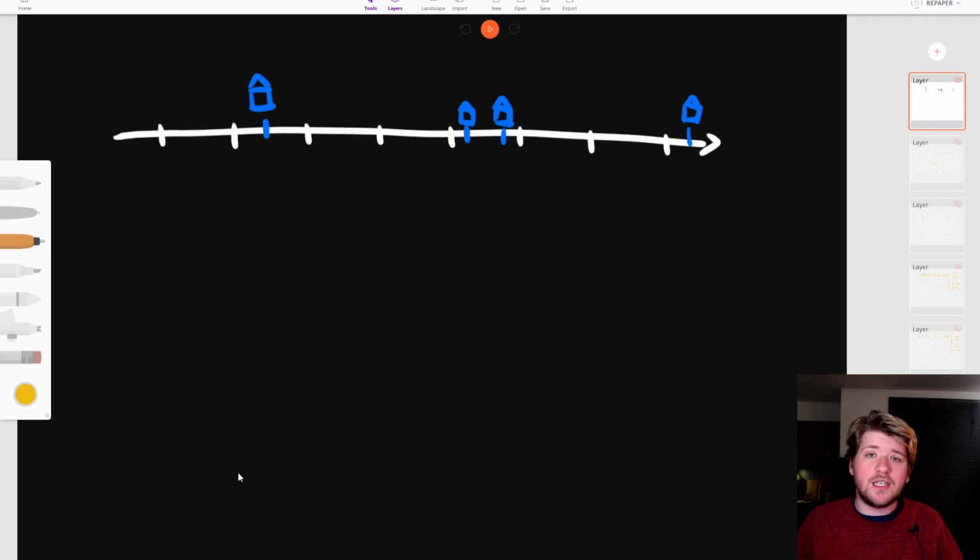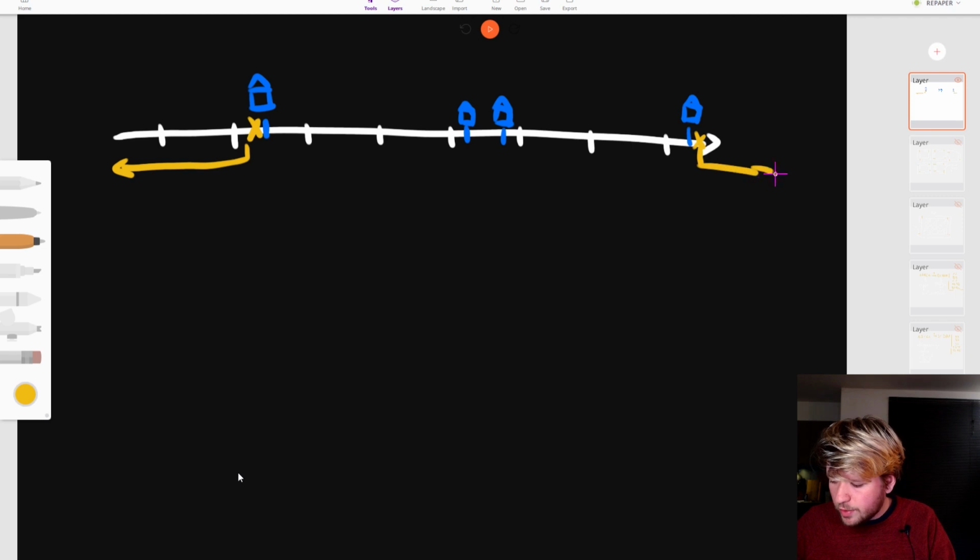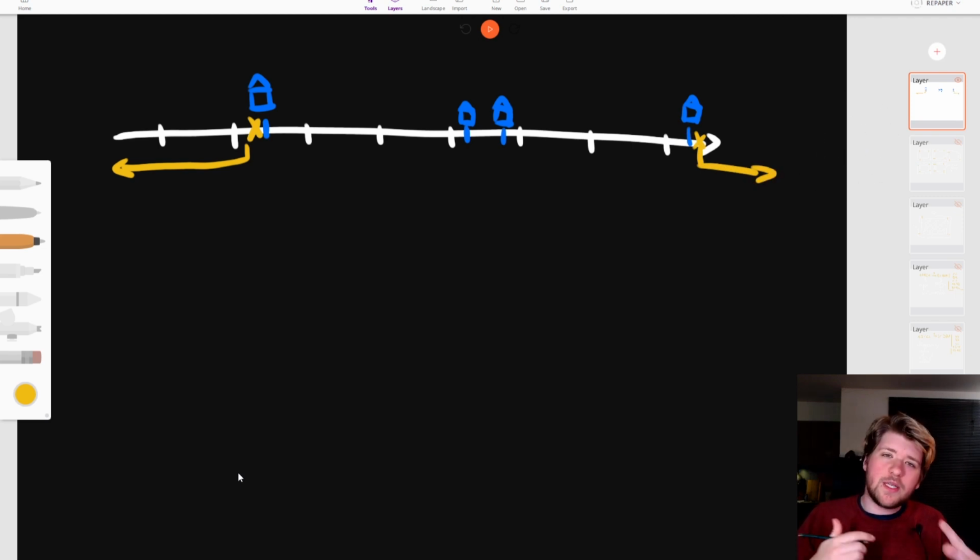For the edges, it's a bit different because, well, here we could place our shop just to the left of the leftmost shop, and we can get all the huts that are in that direction, and the same for this one. Well, here we have no huts in that direction. This will be a special case in the code, which we may not necessarily want.